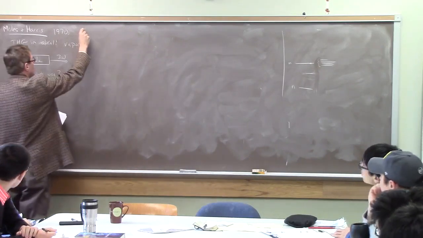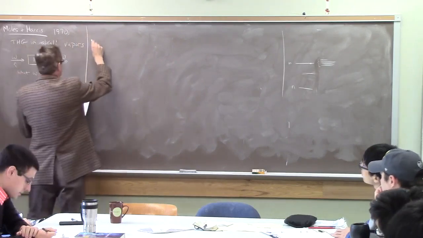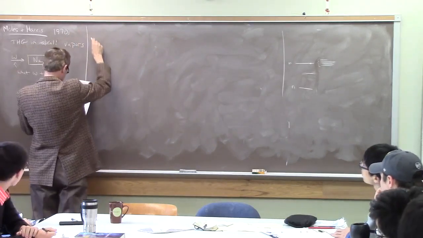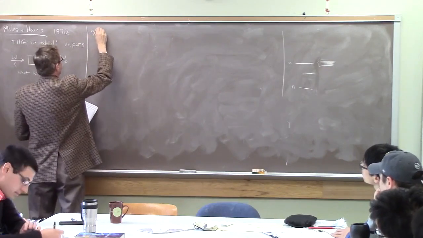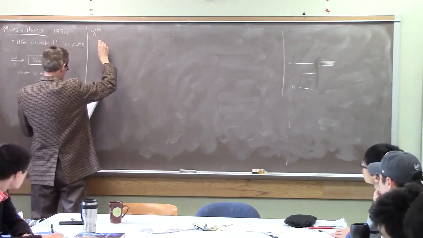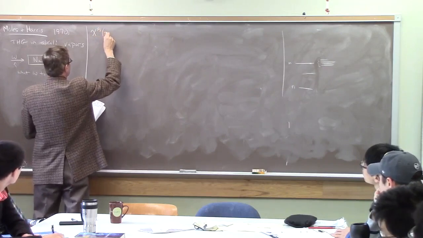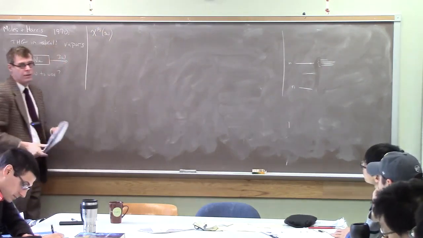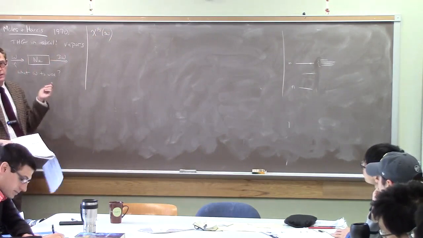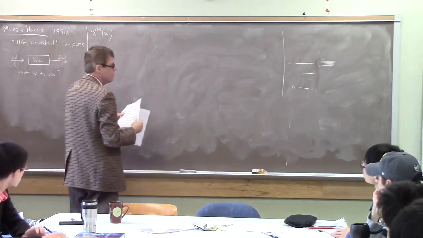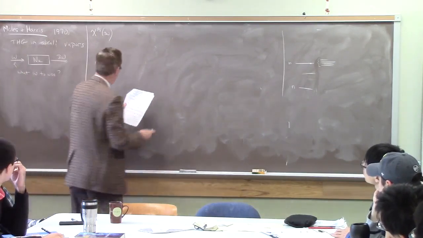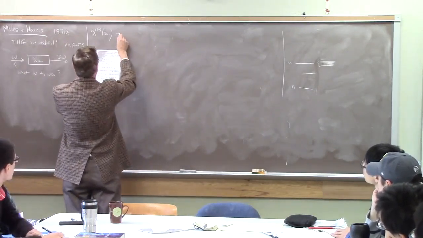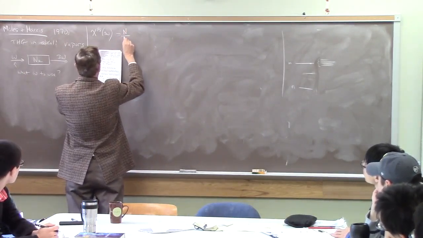So first of all, they calculate chi3. I'll just call it chi3 of 3 omega, without saying 3 omega equals omega plus omega plus omega, because it's obvious.